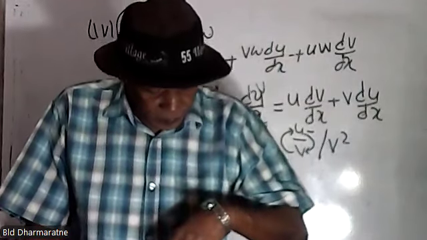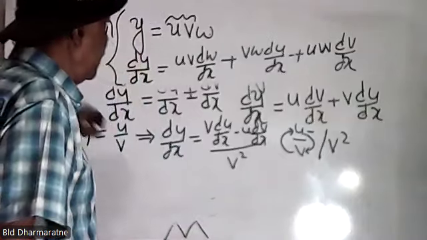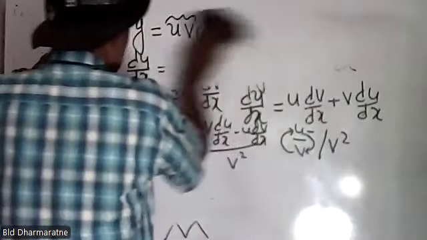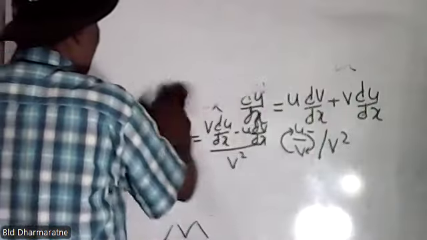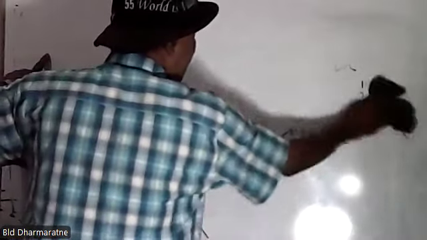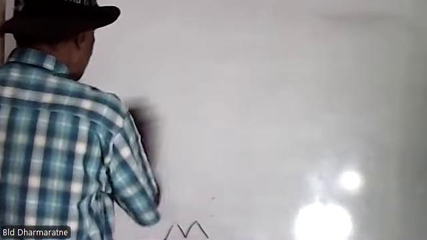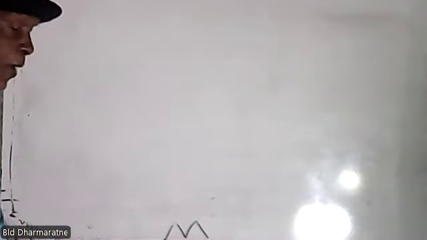Now another theorem we are explaining here: the chain rule. That is a very, very important thing. What is the chain rule? The chain rule is for a function of a function.